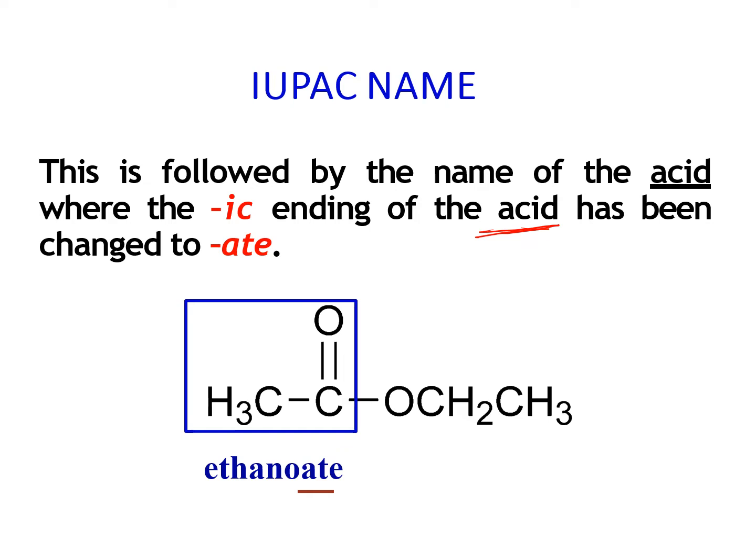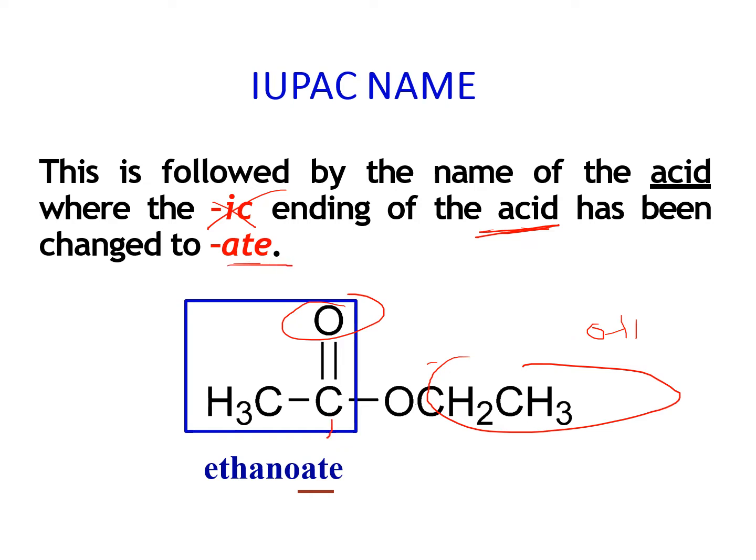Second, the acid part, which is the part that has C double bond O. The part beside the oxygen is the alcohol part, and this is the acid part. The naming is the same as the carboxylic acid, just cancel the ic of the ic acid and add ATE.